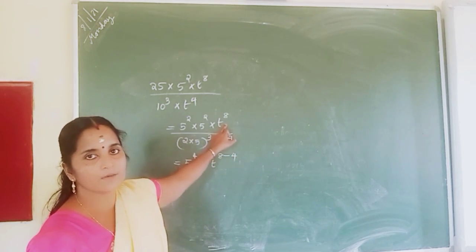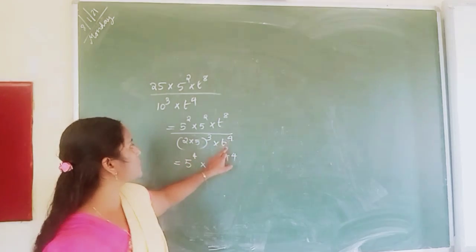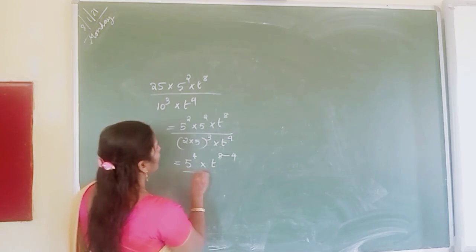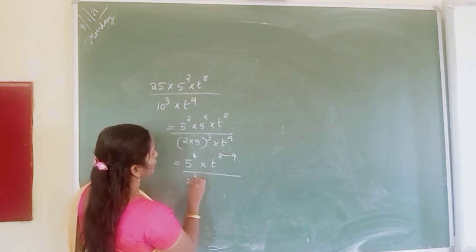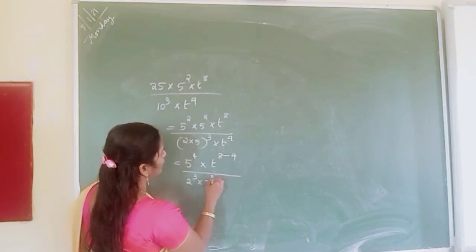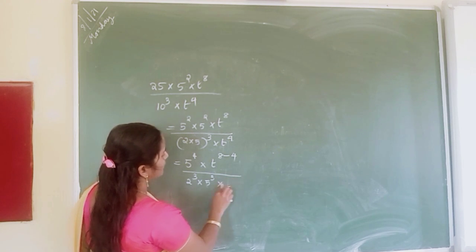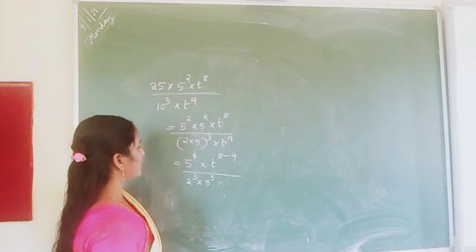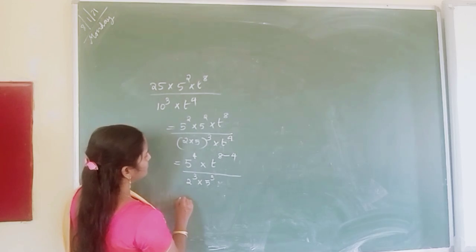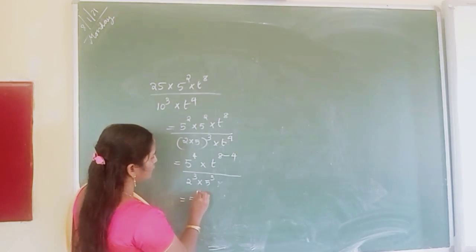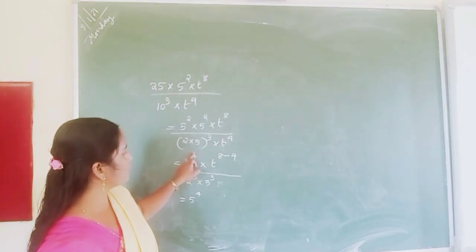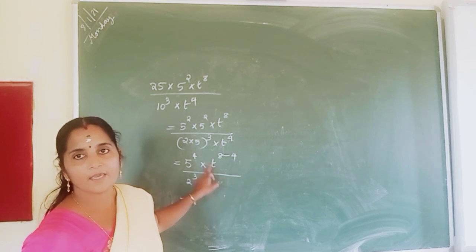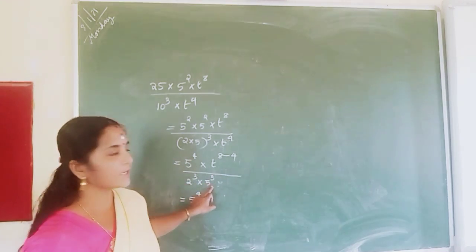So a raised to m by a raised to n form. So a raised to m minus n by 2 cube into 5 cube into t, 2 cube into 5 cube. So 5 raised to 4, then 5 raised to 4 by 5 raised to 3 is a raised to m by a raised to n form.